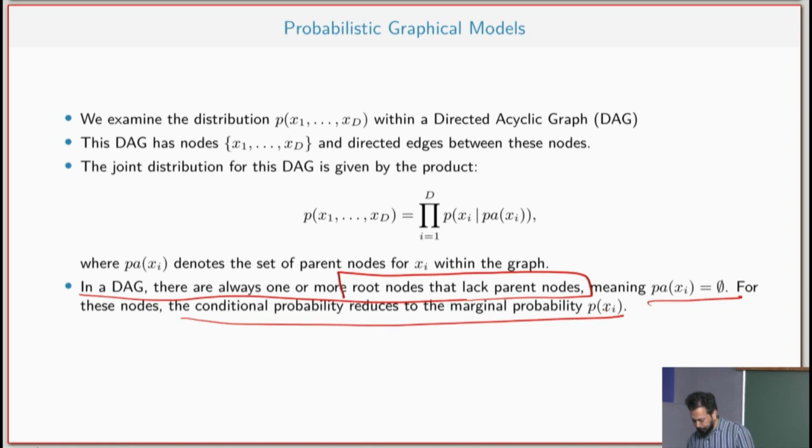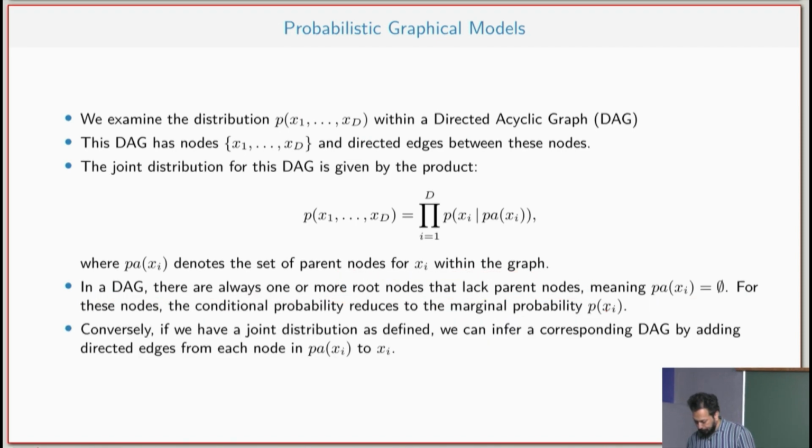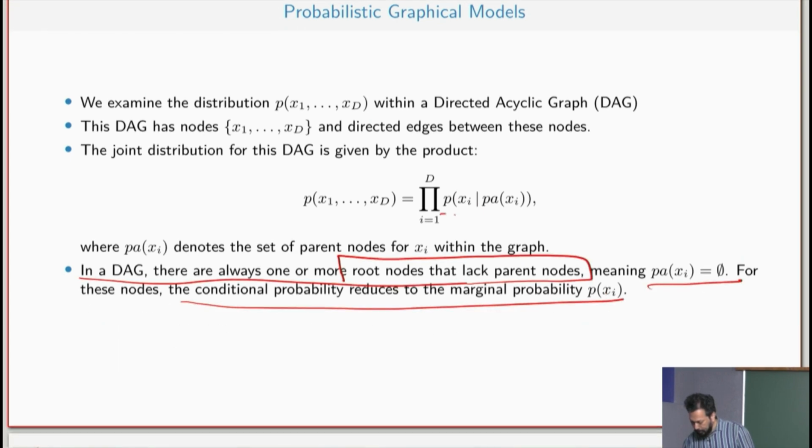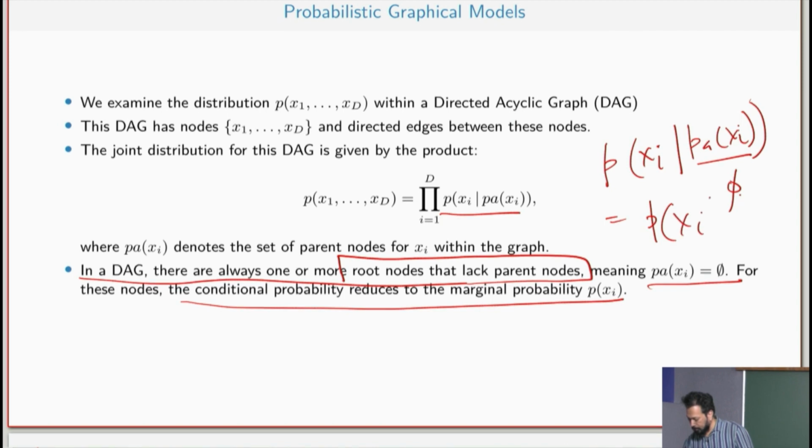So p of xi given PA of xi, if xi was a root, then the parent set is phi, the empty set, so this is equal to just p of xi.